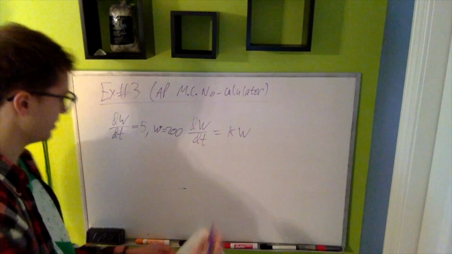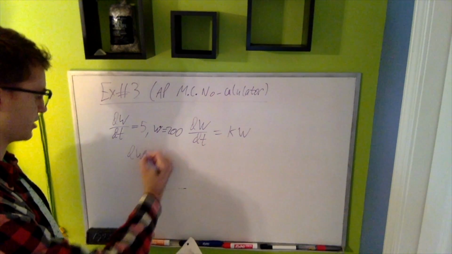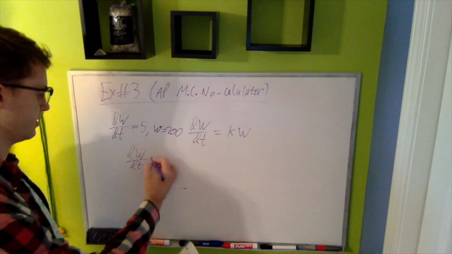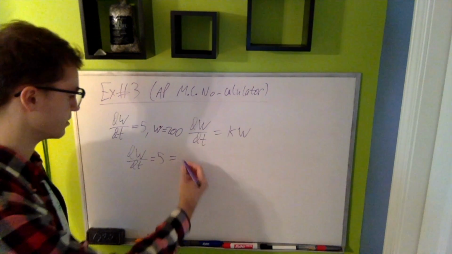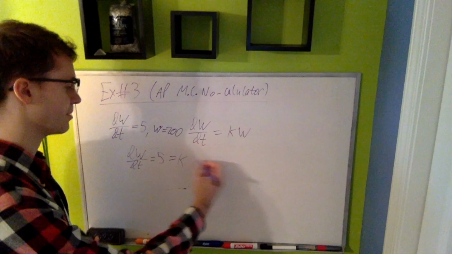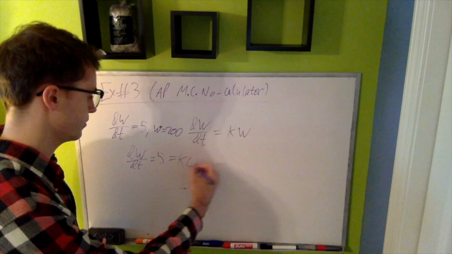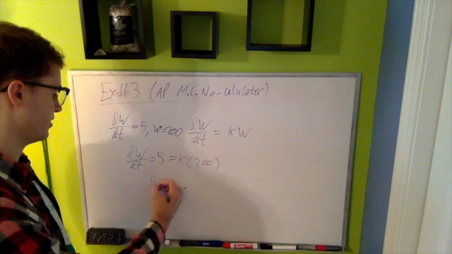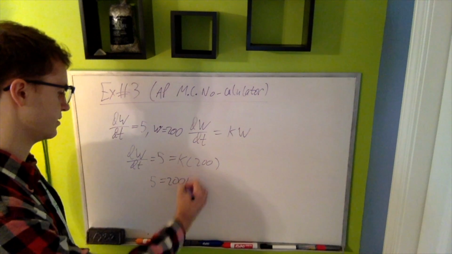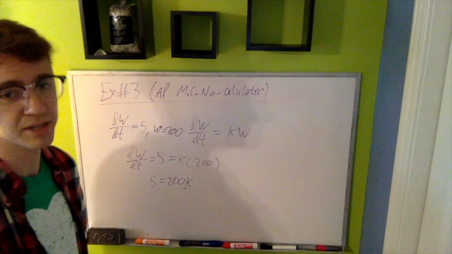So I have, in this particular problem, the rate of change of weight with respect to time is 5. That's going to be equal to this, right? So I have KW. But when that happens, W, the weight, becomes 200. So basically I have 5 equals 200K. I'm going to solve for K, so I divide by 200.